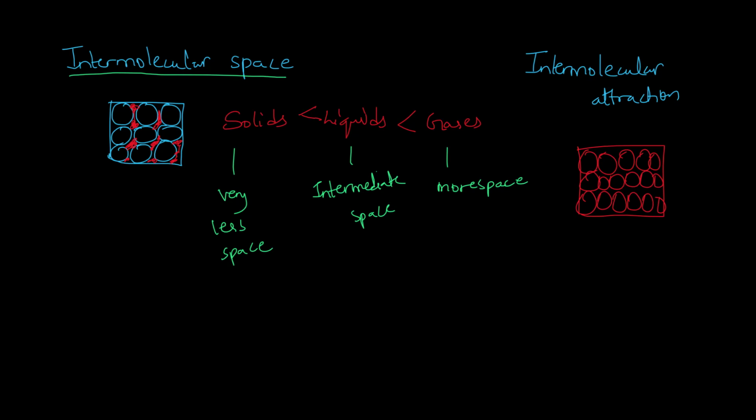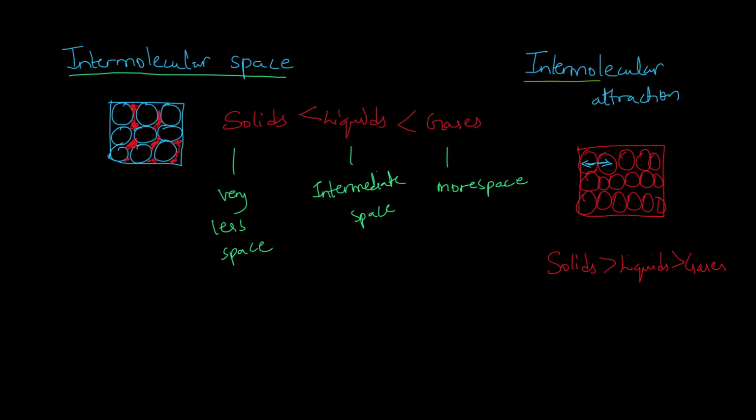How will the force of attraction act between two particles? Here, because the particles are close, the force of attraction will be more. Intermolecular attraction in solids is greater than liquids and greater than gases. Why? Because the particles in solids are very near to each other and their intermolecular space is very less compared to liquids and gases.